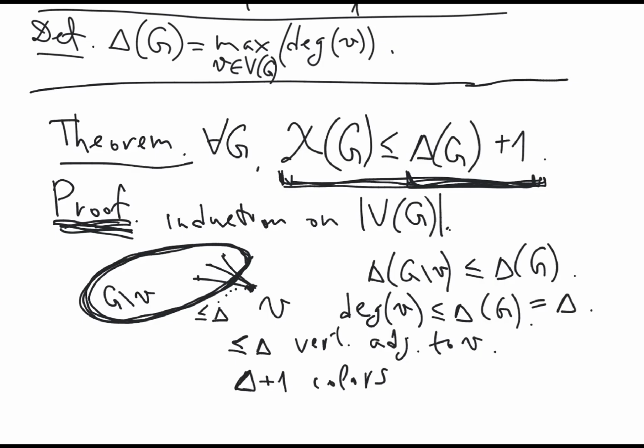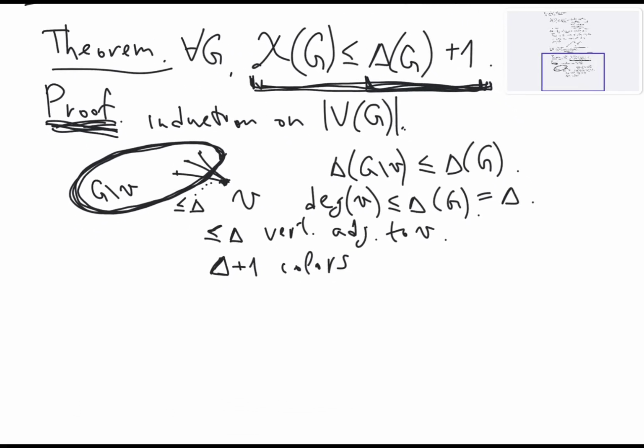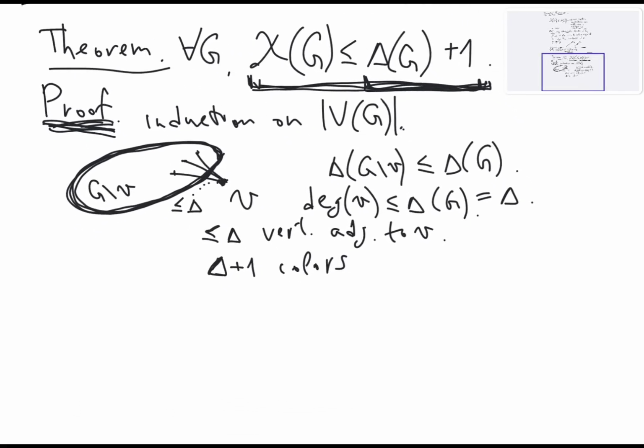Therefore there is at least one color that is not used on the vertices adjacent to v.